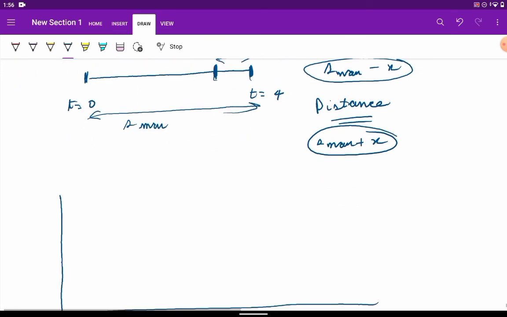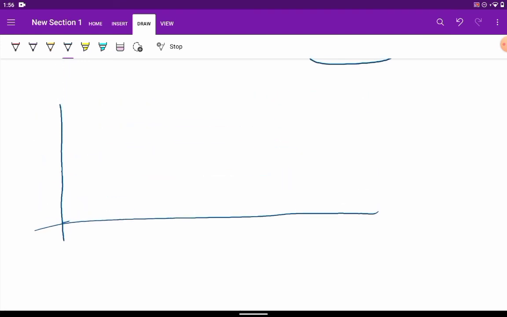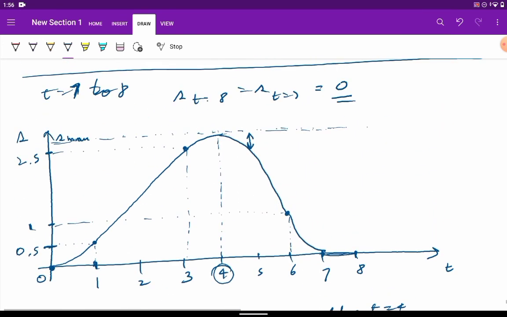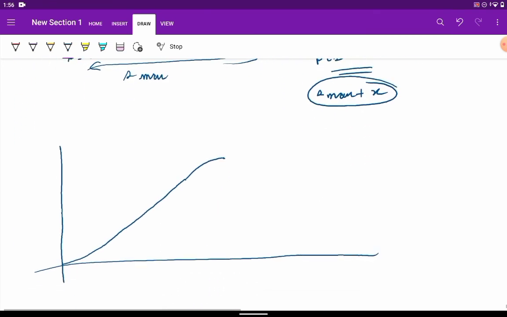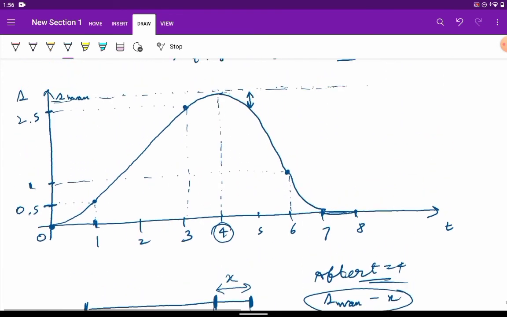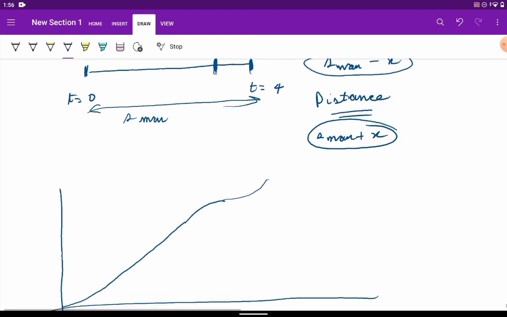So it will be an increasing parabola initially, then constant velocity, then it will become 0 from this point onwards. Instead of a decreasing parabola, again it will just be a reflection, so it will again start increasing, and of course it will come to a halt after some time.